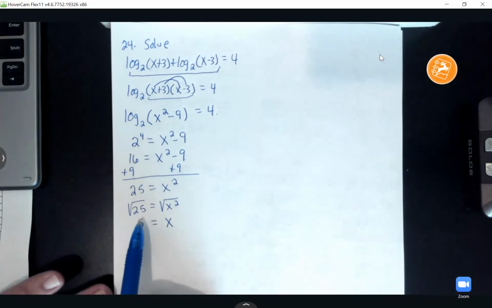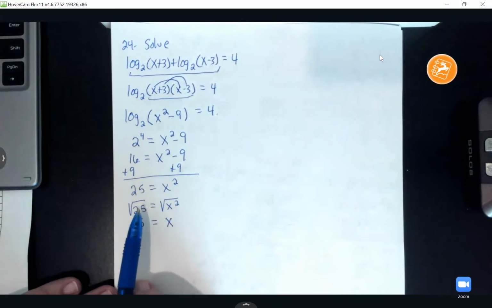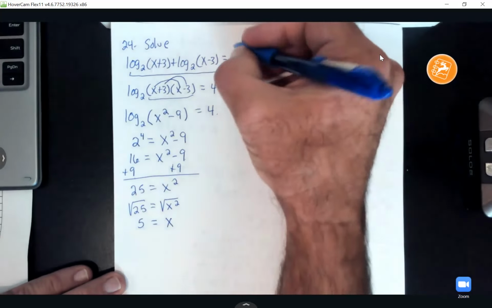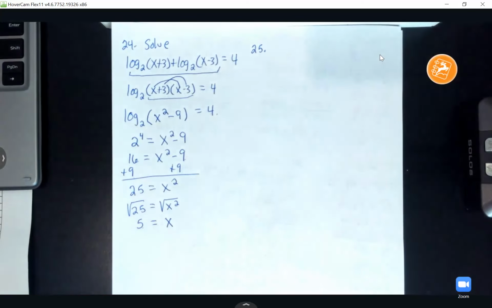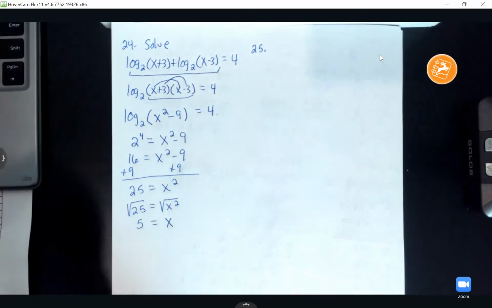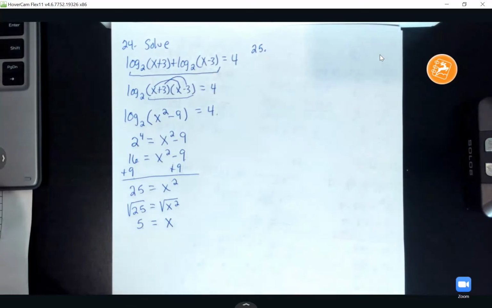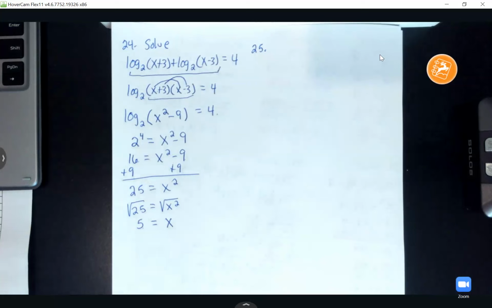Okay, so we don't have to worry about the negative 5 being an answer on this one. Okay, only that positive 5. So for question 22, 23, and 24, since they're all log equations, remember, you cannot take negative answers.